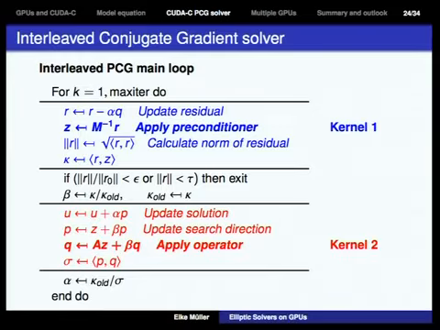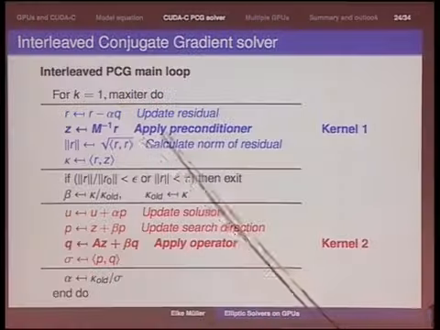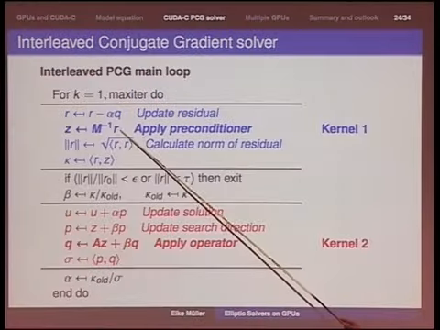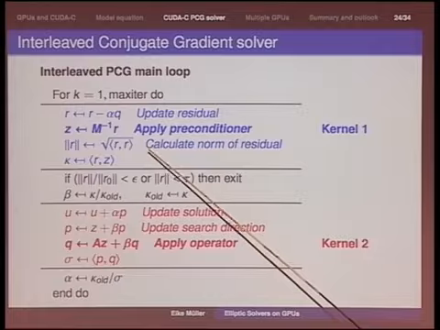And this is basically the algorithm you get. It's still the conjugate gradient algorithm. It's completely equivalent to it, at least if there's no rounding errors. And it's basically now split up into 2 kernels. There's one kernel which is organized around the preconditioner. So when you apply the preconditioner, you also do the residual update and you calculate some norms.